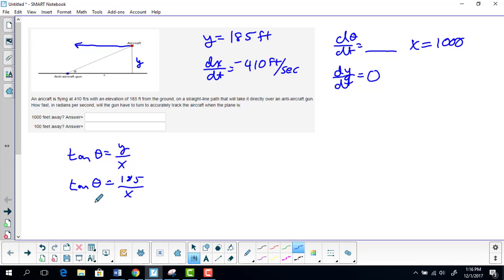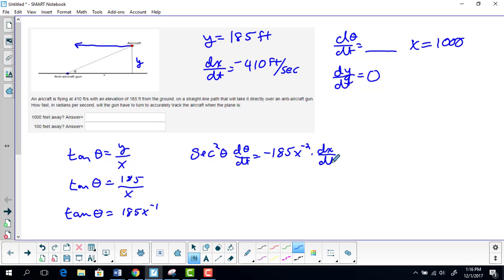To take this derivative, I'm going to use the power rule on the right-hand side. I'm going to think of this as tangent of theta equals 185 times x to the negative 1, so that I can apply the power rule. Taking the derivative gives me secant squared theta times d theta/dt equals negative 185 x to the negative 2 power times dx/dt.